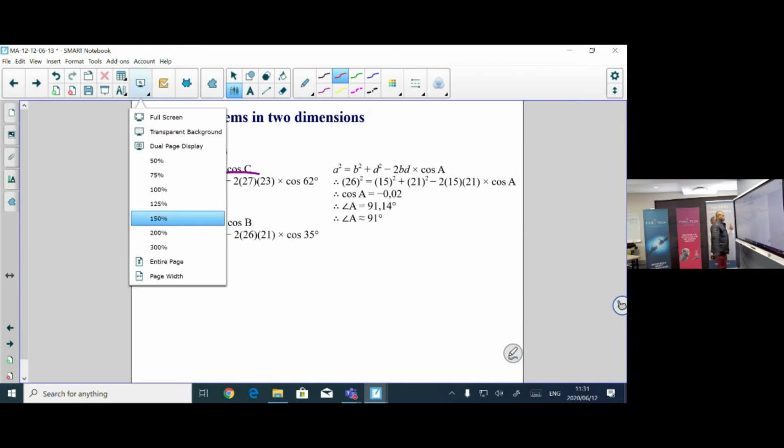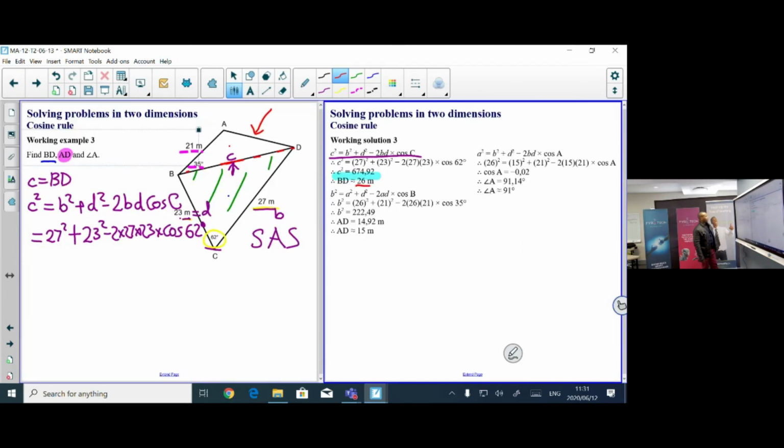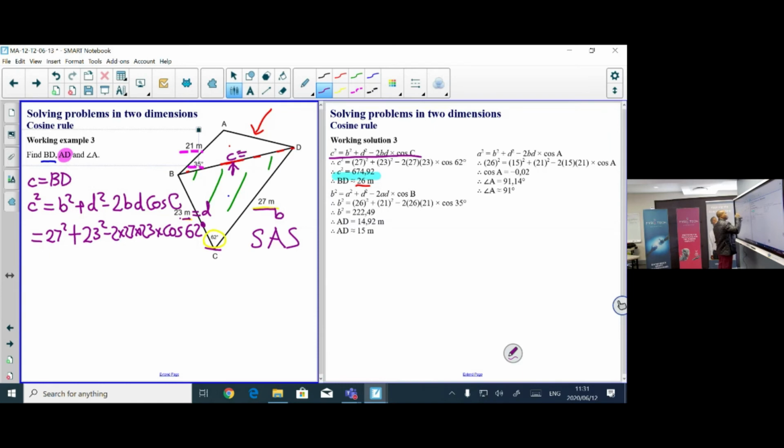So if we can check that page to compare these two, you see that we are going to now put that value where BD is, and we can say that BD, which was small c in our case, is actually 26 meters.